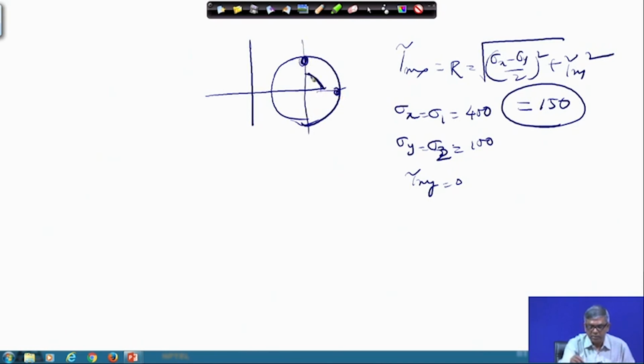So the angle is 2 theta, and your actual orientation will be 45 degrees from the principal stress direction.